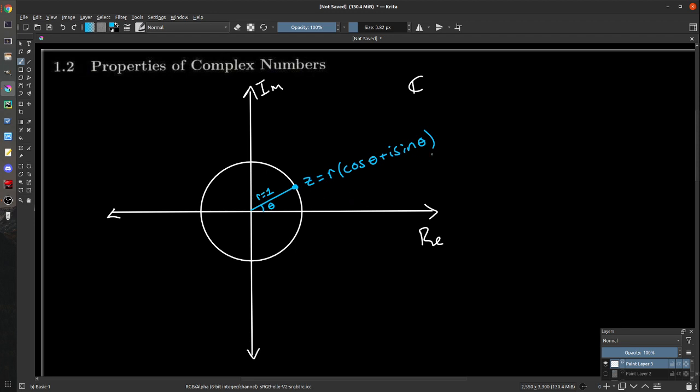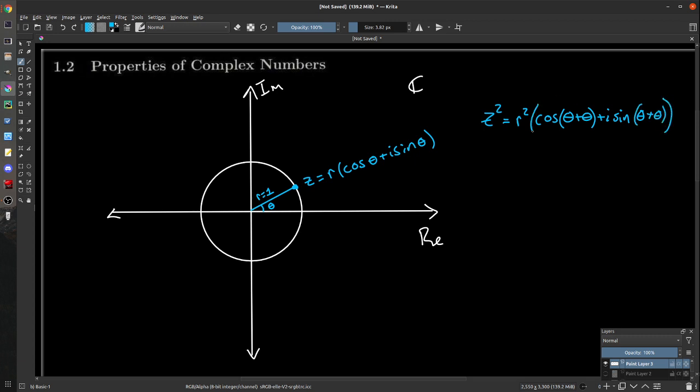So if we square Z, if we go Z squared, what are we going to get? Here, I'll even write this off to the side so we don't get too cluttered. Z squared, I'm just going to multiply the R's, R times R, so R squared, times cosine of theta plus theta, plus i sine of theta plus theta.